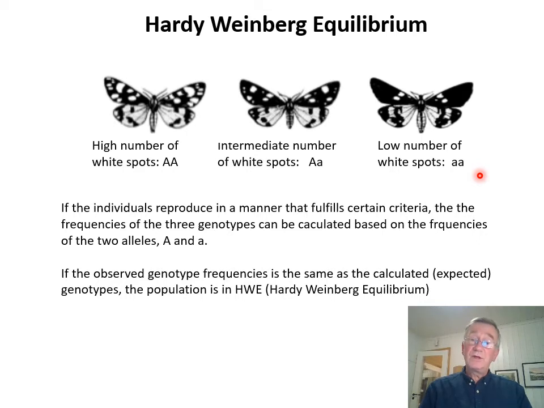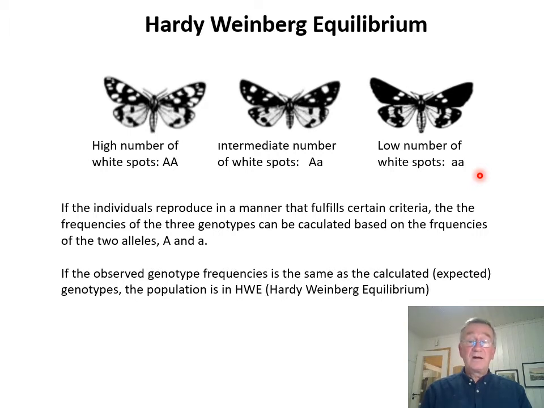So if we are able to calculate the allele frequency, we can calculate the expected genotype frequencies, if the individuals in the population are reproducing in a specific manner.